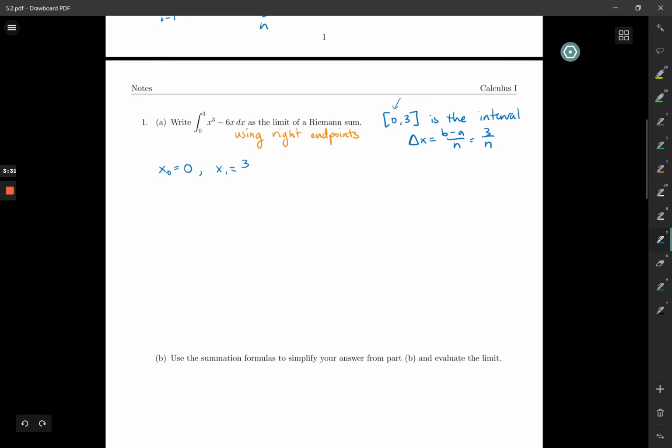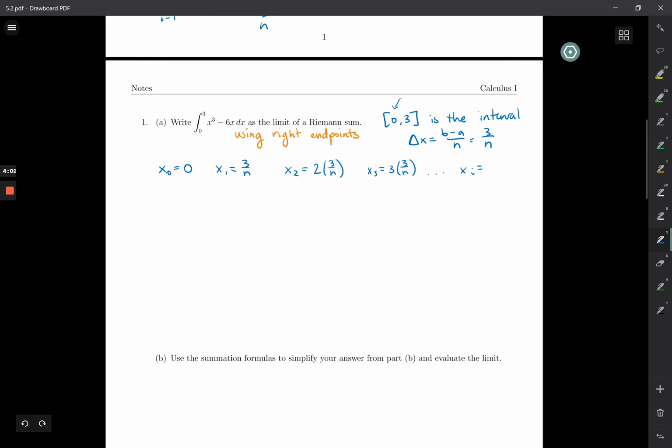So that's 3 over n. For x2, you are going to be taking x1 and adding another copy of delta x, so 3 over n, so you get 2 times 3 over n. And x3 is the same. You add 1 more copy of 3 over n, so you get 3 times 3 over n. And you can continue this.